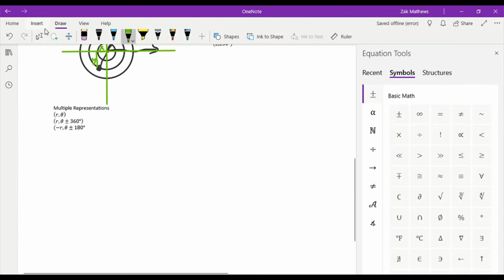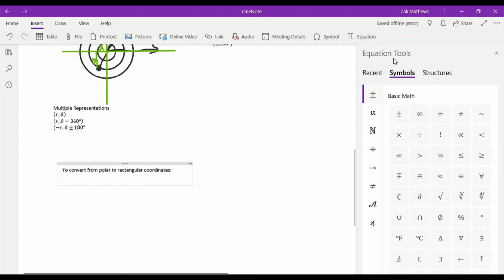So to convert from polar to rectangular coordinates, to find our x is going to be equal to the r value times the cosine of theta.